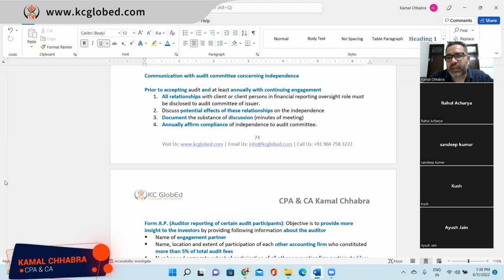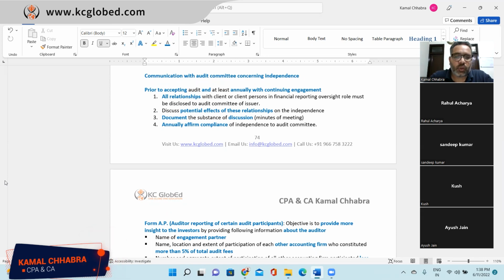So in that scenario, in the independence rules, we have seen within 30 days, your spouse needs to either donate or dispose of those shares. Then you are in compliance, right? If you are not doing that, then you need to communicate to the audit committee.